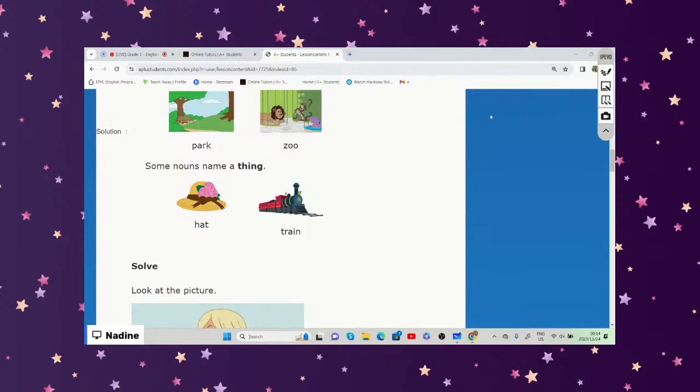So things can be a hat, a train, a ball, a dress, or even a pen, right? So these are things that a noun names.